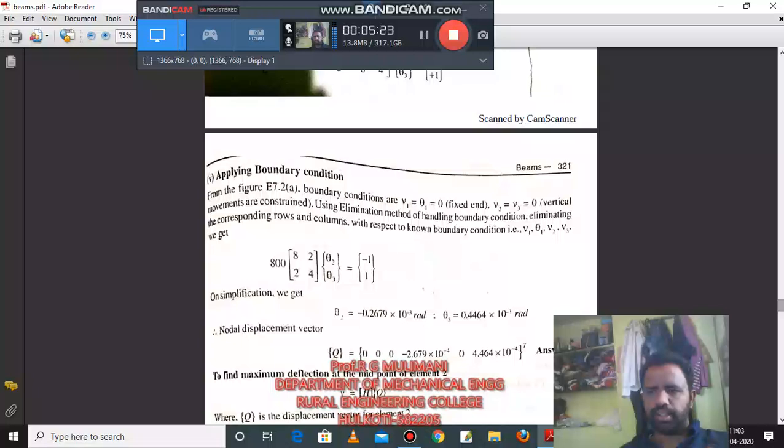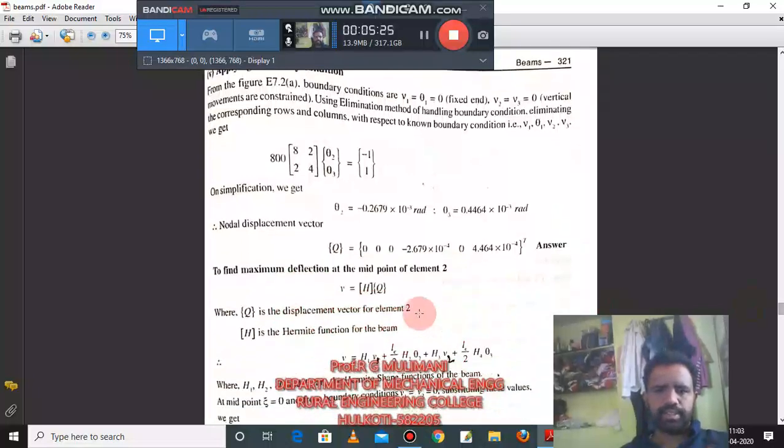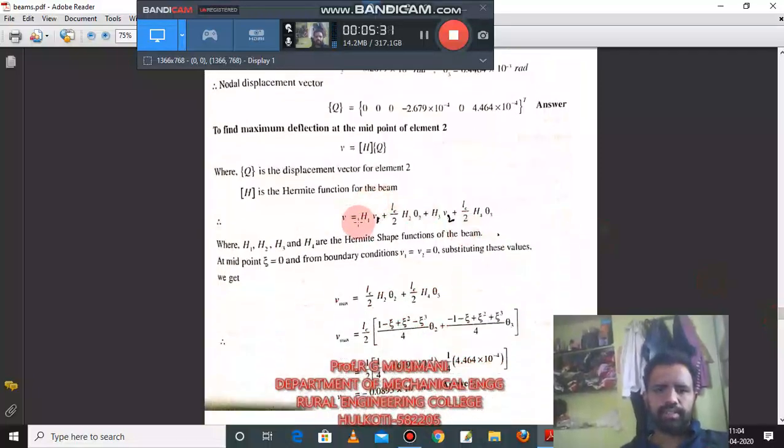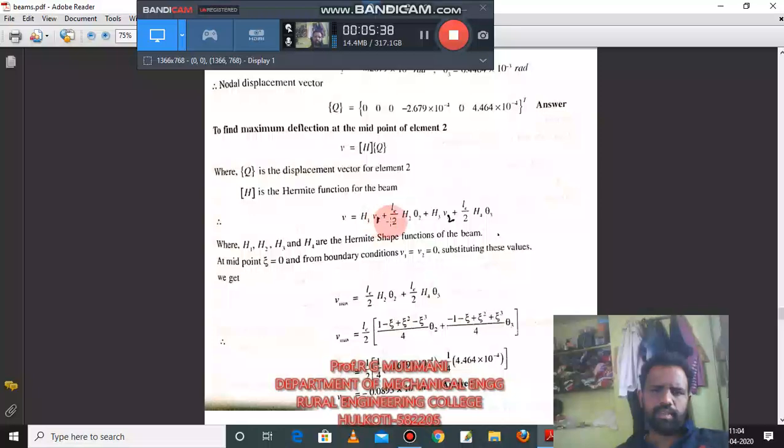Okay, if you want to find the deflections, you use V is equal to HQ for element 1 and element 2. You already know how to find the deflection. H1 V1, LE by 2, H2 theta 2, H3 V2, LE by 2. V1 it is theta 1, V2 it is theta 2.